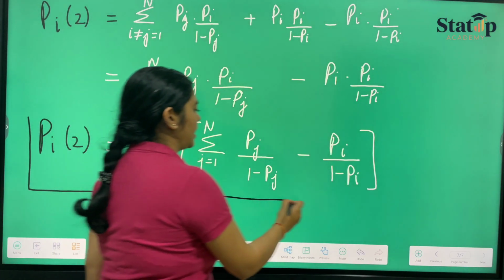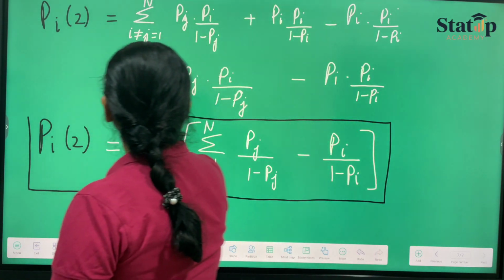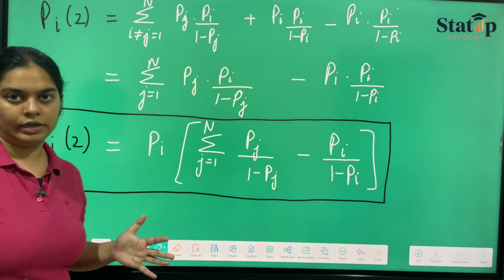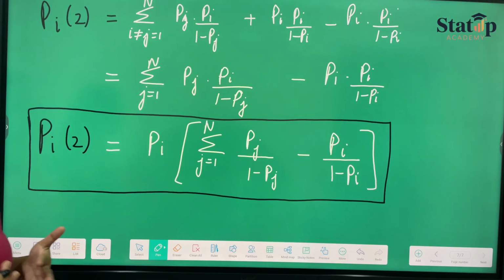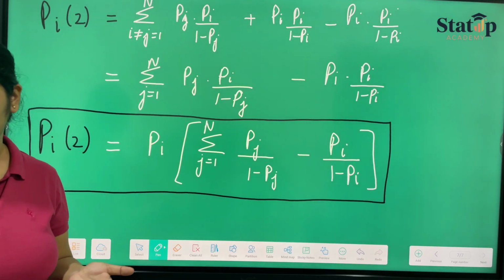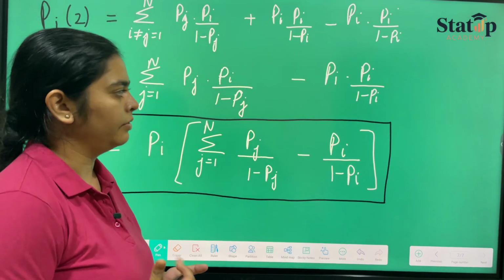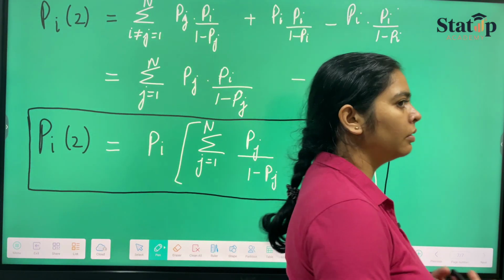And similarly, we can carry out the probability of the ith unit selected in the third row and fourth row and so on, making the table like this. So as you can see, this is a more complex method, and it requires a lot of time and effort.